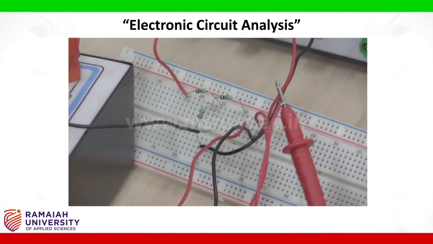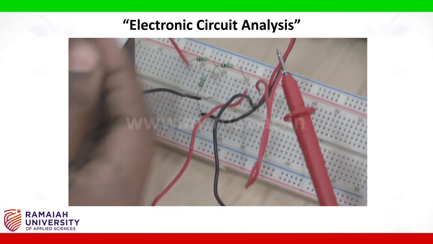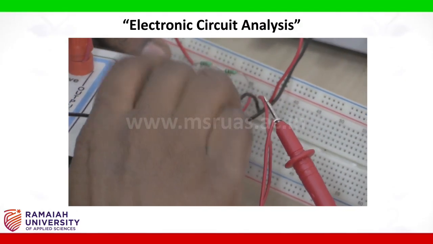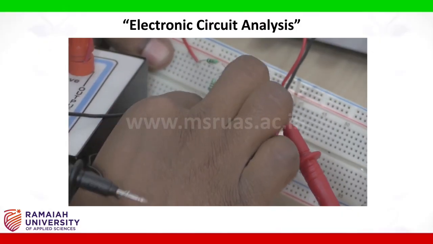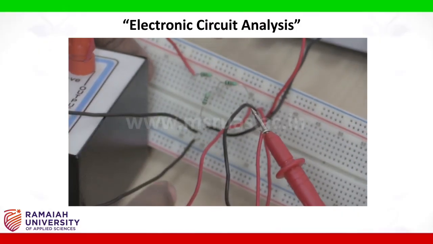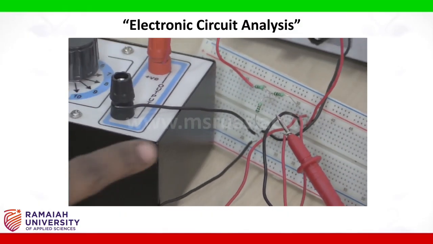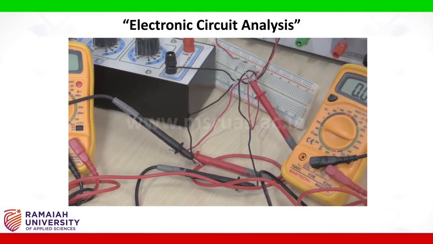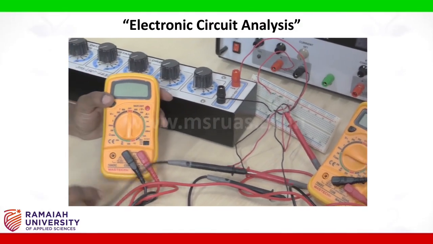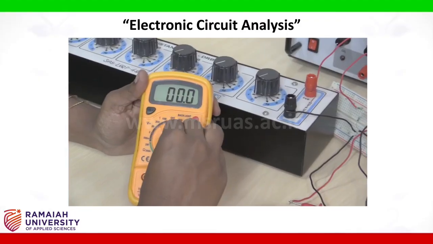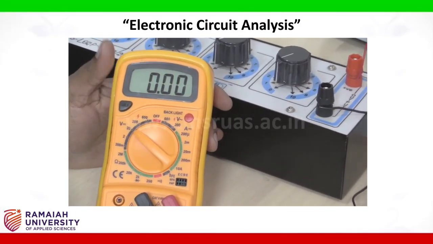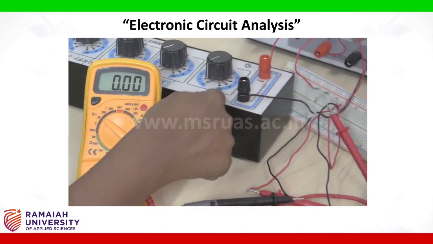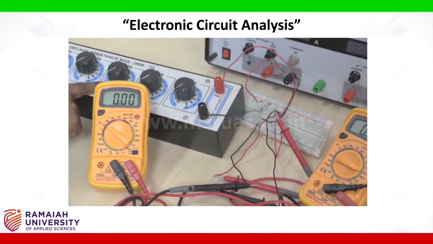Positive of voltmeter, negative of voltmeter. Make sure your connections and all the wires are intact. Put the voltmeter in 20 volts position.